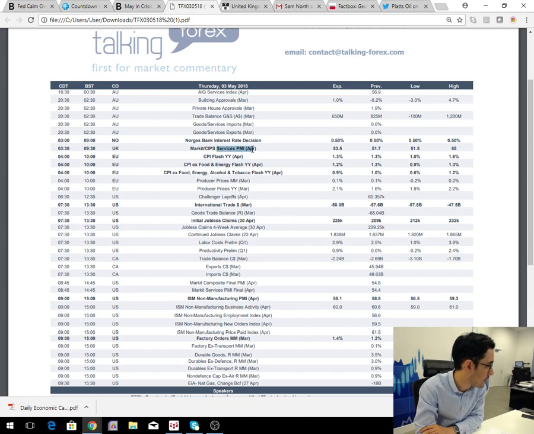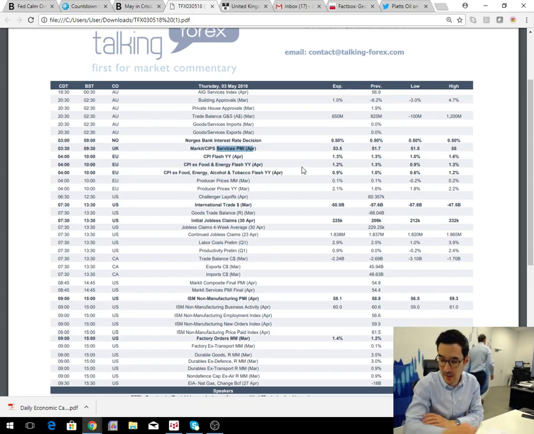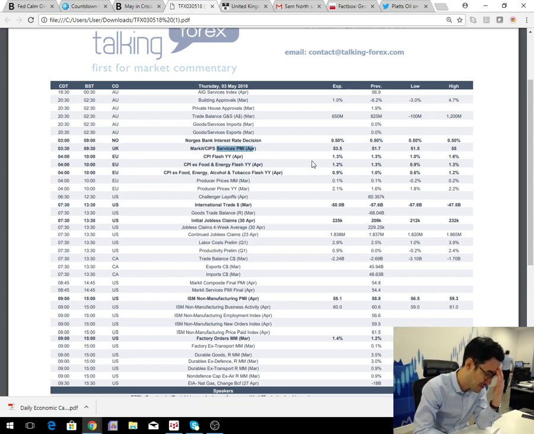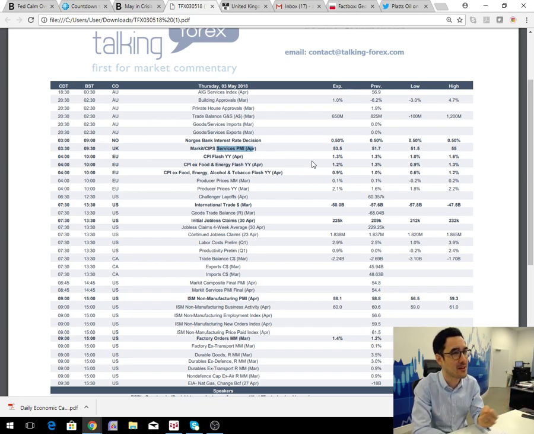service PMI number. Now, if you remember, the manufacturing, if I remember rightly, was a 17-month low, was weaker than expected. This comes after a series of weak economic data out of the UK, a dovish-sounding Bank of England governor, and so these prospects of a rate hike in May have dropped substantially to sub 20%, all the way from 95% about 16, 17 days ago.